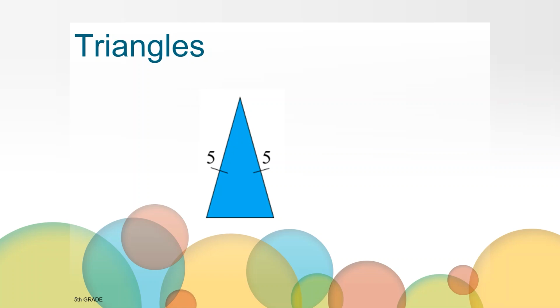What do you notice about this triangle? Hopefully you notice that two of the sides measure the same length. Did you see it? Good job. I know that the sides are the same length because the diagram shows that each side measures 5 units, and because each of the two sides has a hash mark.